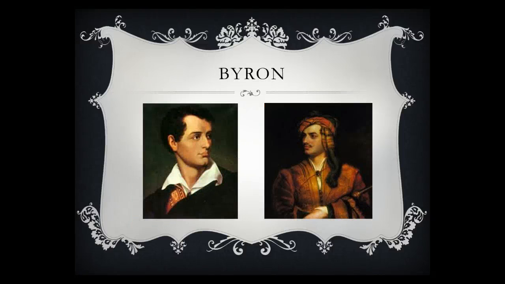Our next individual is Lord Byron. If there was ever an emo guy of the Romantic era, he is the emo guy. He is melancholy. He embodies the melancholic romantic figure. He is actually a bisexual. We know this because he's going to take on a 15-year-old boy lover.